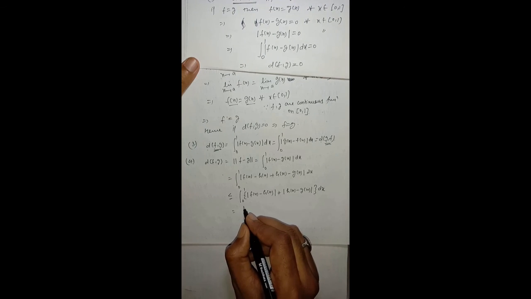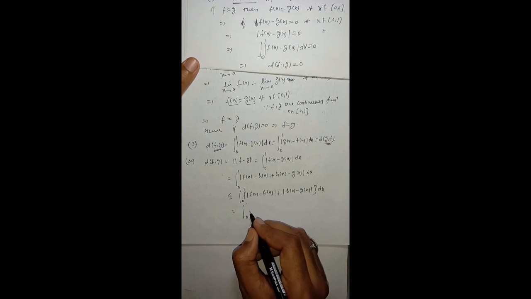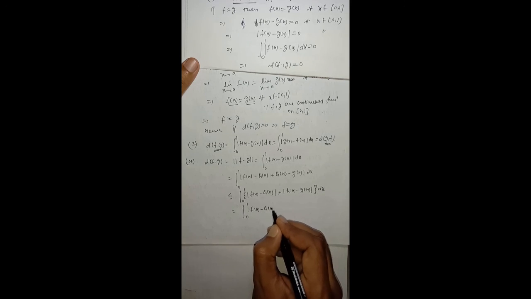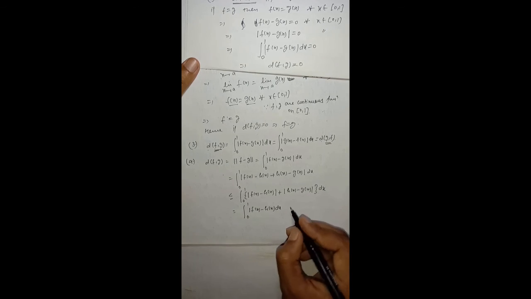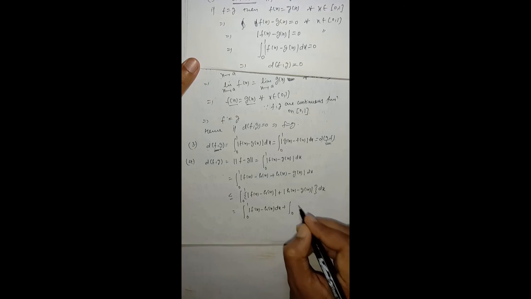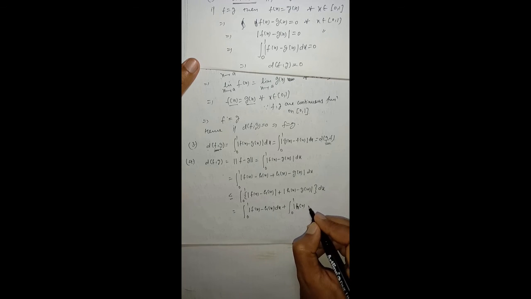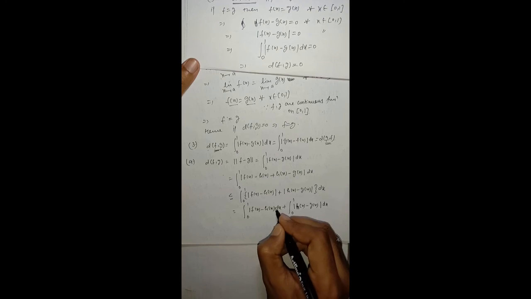This is equal to the integral from 0 to 1 of |f(x) - h(x)| dx plus the integral from 0 to 1 of |h(x) - g(x)| dx.